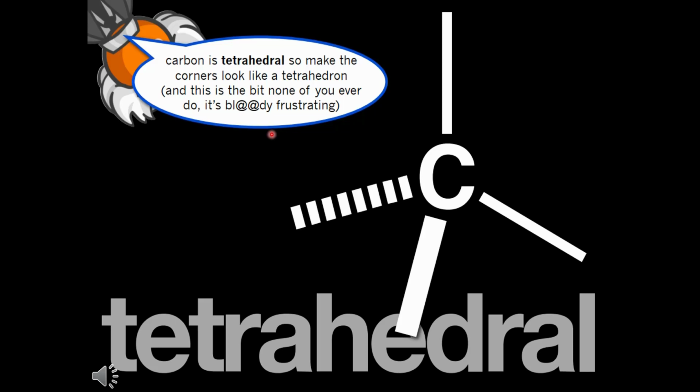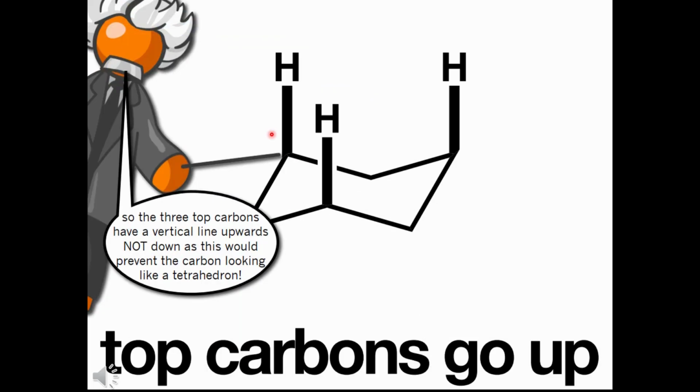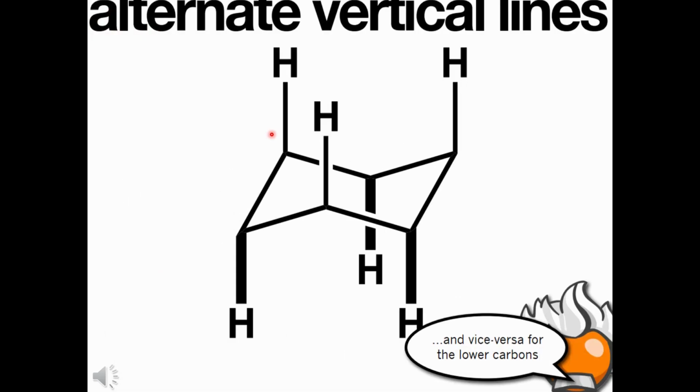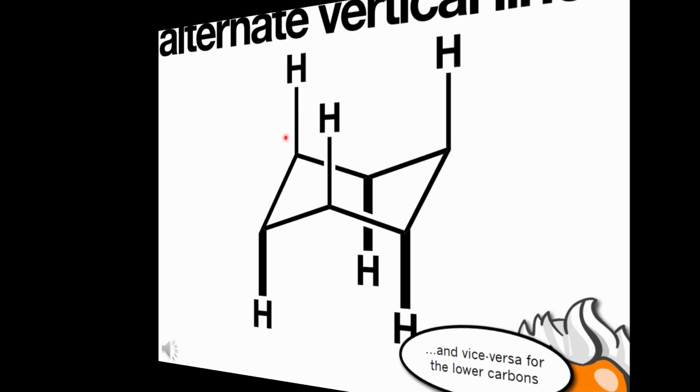Please also don't use stereo bonds when drawing any of your bonds on the conformers. This is not the correct use of a stereo bond. The bolden lines are just here to represent that we've got 3 pointing up and then 3 pointing down for the lower carbons.